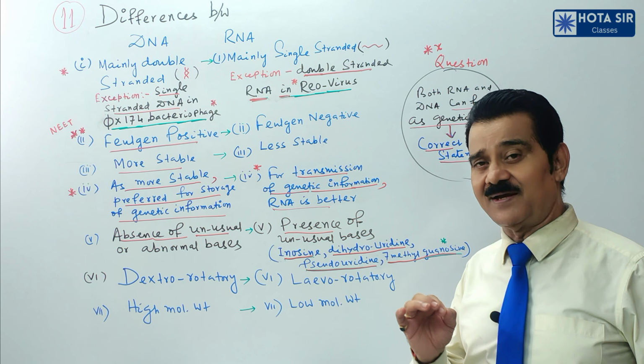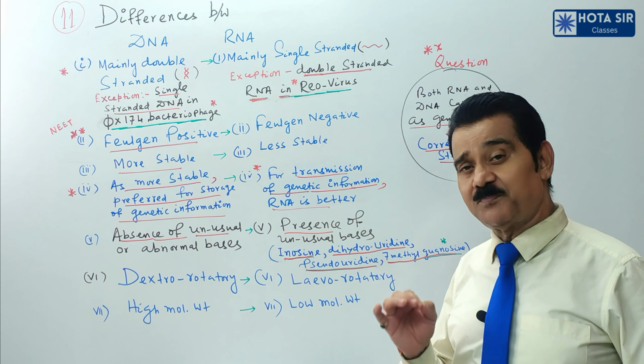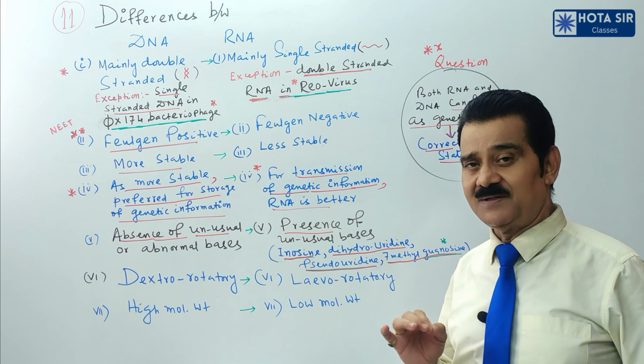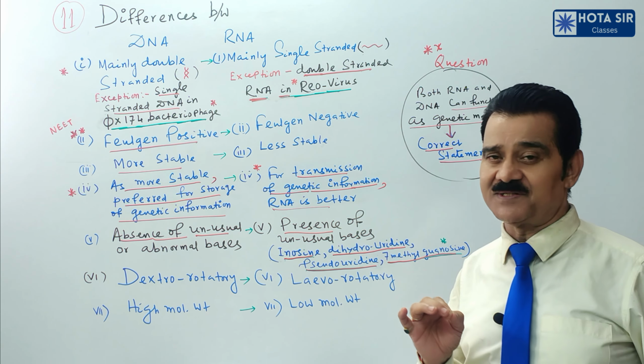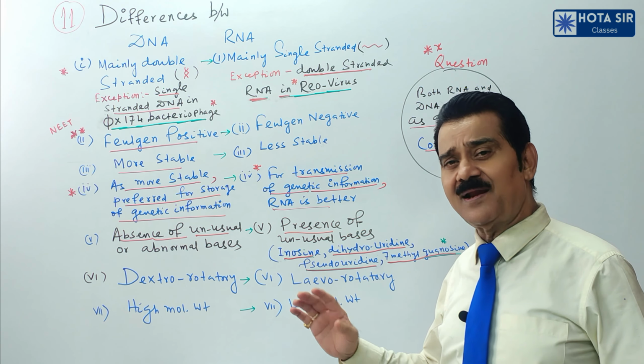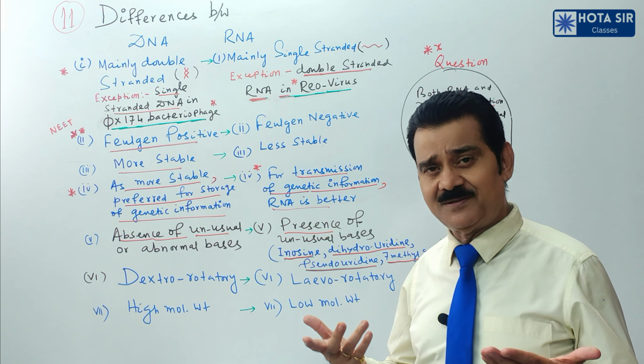Absence of unusual bases: abnormal bases are absent in DNA, whereas in RNA there is presence of some unusual or abnormal bases. Examples of unusual bases in RNA are inosine, dihydrouridine, pseudouridine, and 7-methyl-guanosine. Now, both DNA and RNA, my dear children, show optical activity.